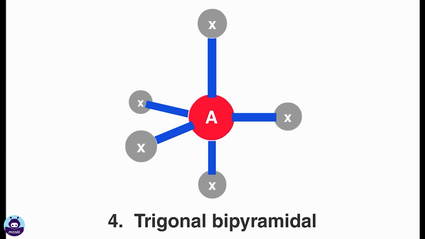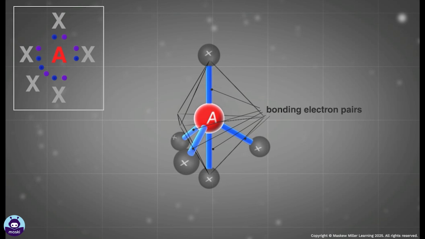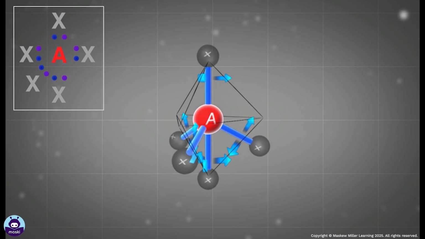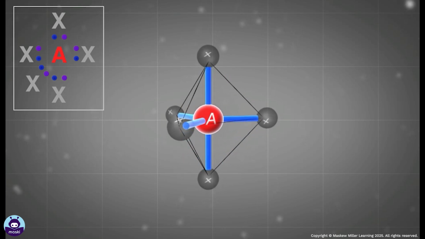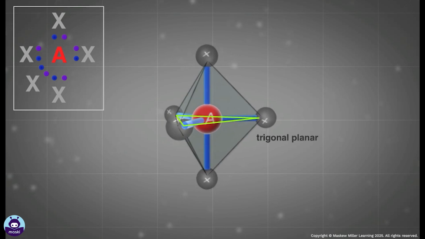Trigonal bipyramidal. In the case of AX5, we have 5 electron pairs around a central atom. They will have minimum repulsion where they point to the corners of a trigonal bipyramid. We can recollect the trigonal planar, where tri was used for 3 atoms around the central atom in a triangular arrangement. We can see the same structure of those 3 terminal atoms here. The other 2 terminal atoms position themselves on opposite sides of this planar arrangement at the top and bottom, forming 2 pyramids.